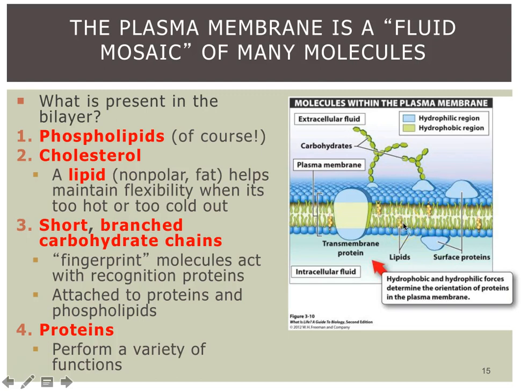And what cholesterol does for the cell itself, and again, the only lipids this is pointing to are cholesterol molecules, is that they help keep the plasma membrane flexible. When it's too hot out, those cholesterol molecules are going to keep the plasma membrane from getting too fluid. And when it's really cold out, it's going to allow the tails of the phospholipids to slide around a little bit more. So it helps with flexibility.